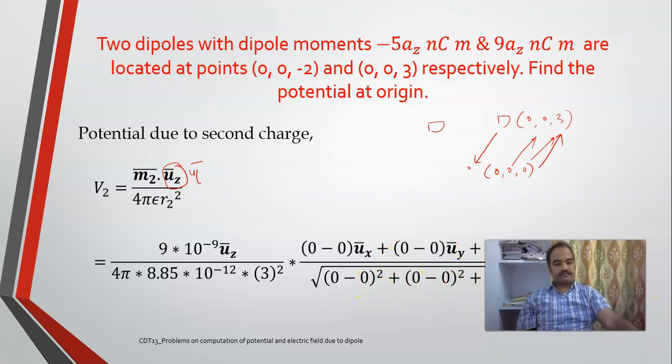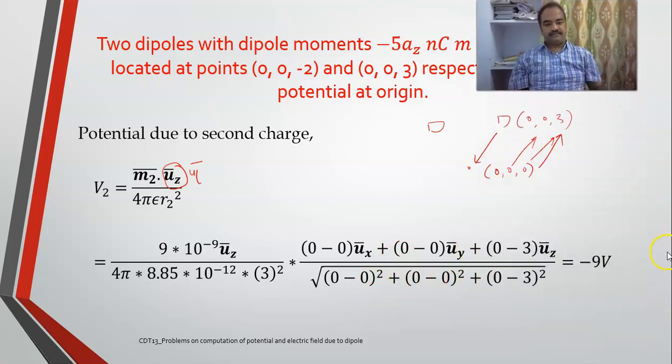If you carefully observe, I will be getting minus 3. Earlier, this point was at (0, 0, minus 2), and I got only 2 uz bar, but here I will be getting minus 3 uz bar. You should note down the difference between these two.